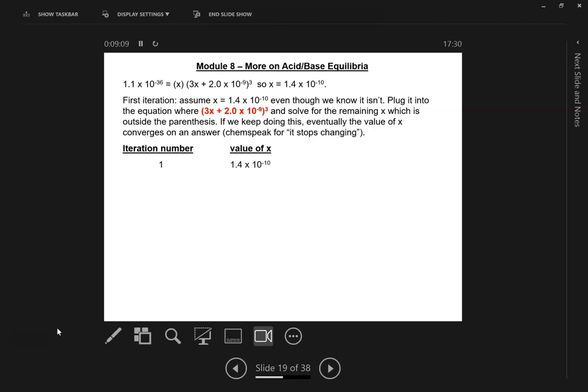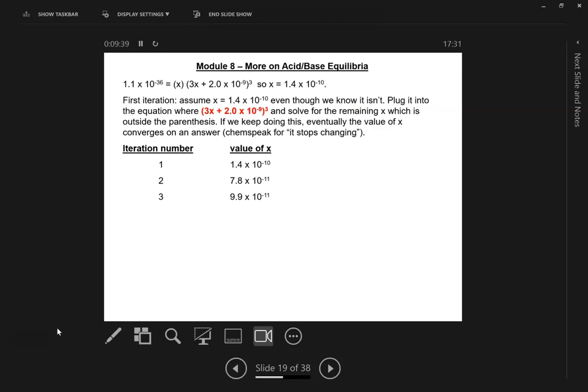Converges is just a nice math term, which means it stops changing. So when we do it the first time, of course, we get 1.4 times 10 to the minus 10th. We plug that in and we do it again. We solve for x outside the parentheses the second time. We'll get a number that's 7.8 times 10 to the minus 11th. Okay, so we take that number, we plug it into the 3x plus 2 times 10 to the minus 9th cubed, solve for x.